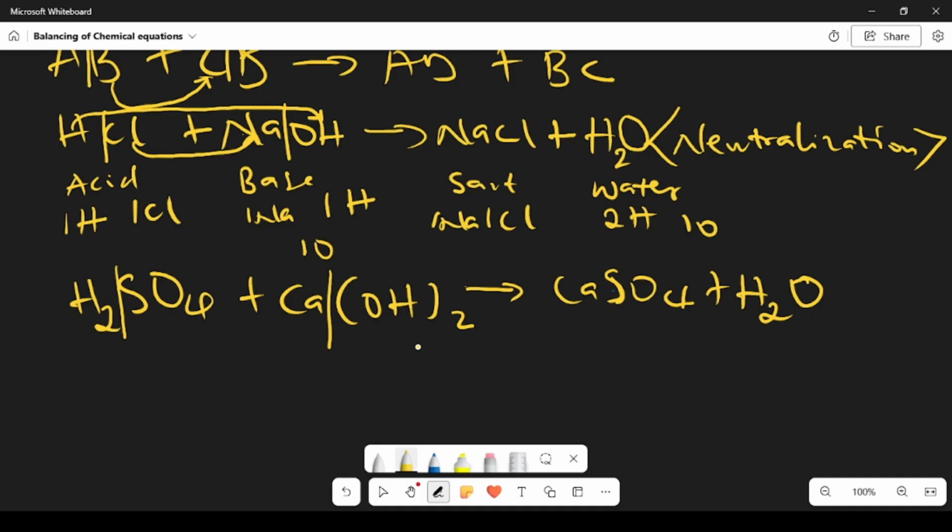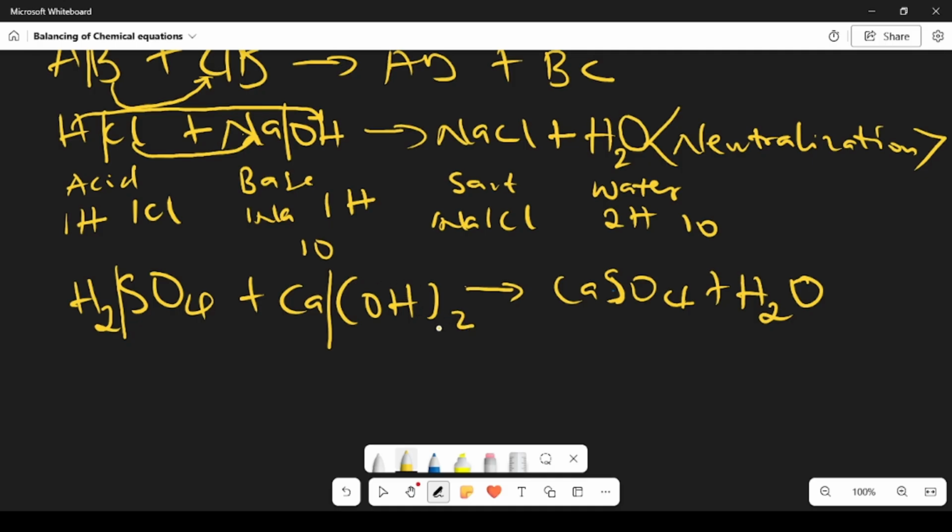So if you look at the reactant side, where we have the acid and the calcium hydroxide, which is a base, you'll find out that the hydrogen here has two atoms. That is two atoms of hydrogen. Now in the second compound, we have OH inside the bracket, but outside the bracket we have 2.